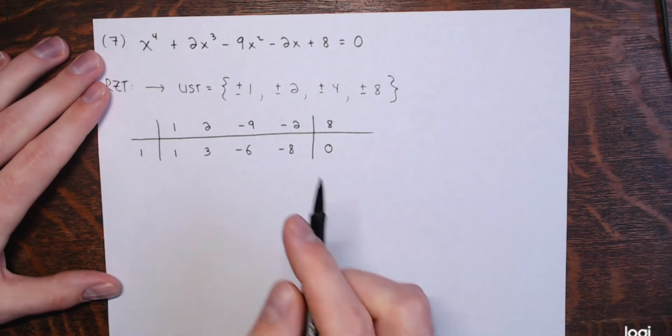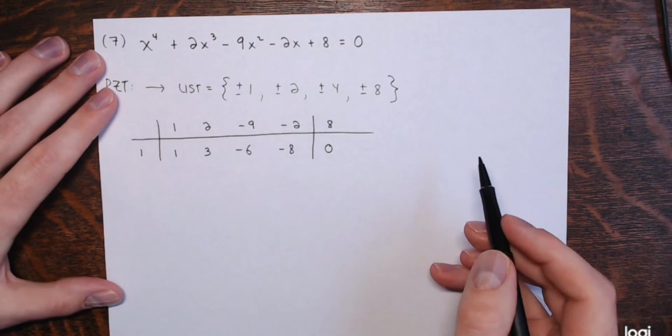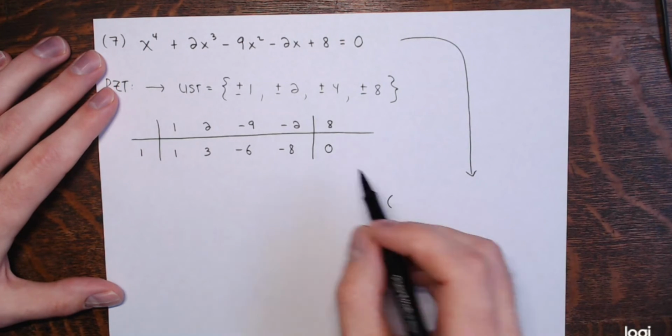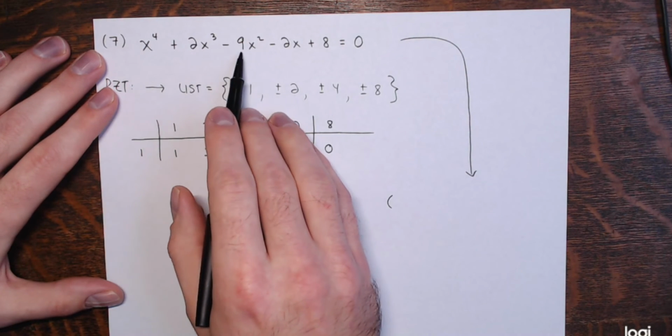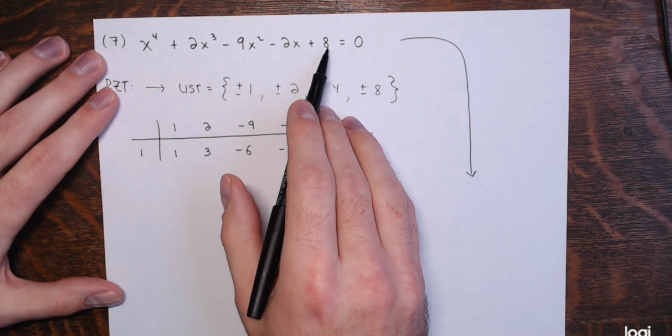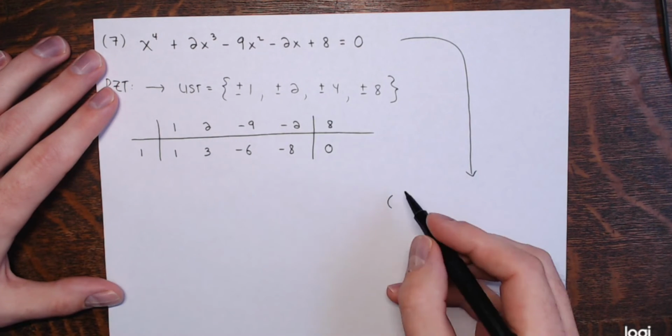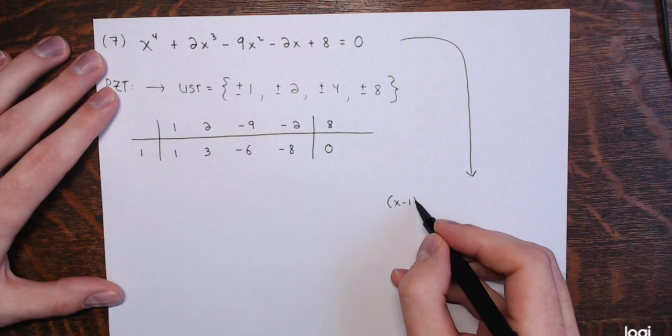So I can factor this polynomial. Instead of x to the 4th plus 2x cubed minus 9x squared minus 2x plus 8, we can use this line here and say, oh, 1 is a zero, so x minus 1 is a factor.